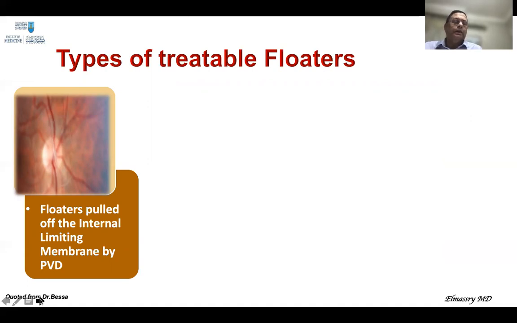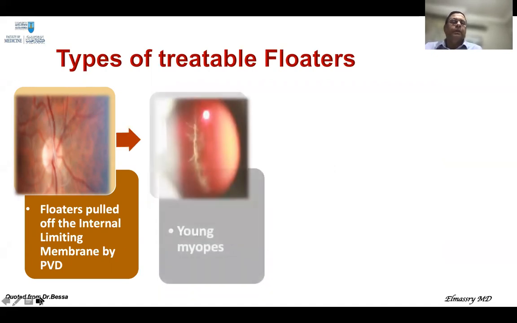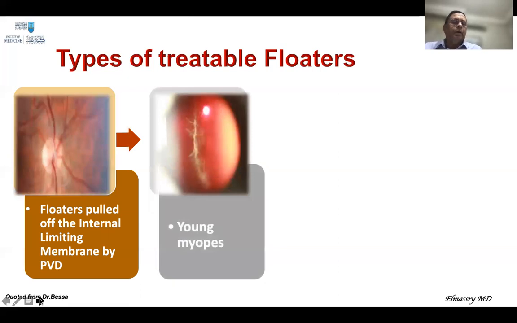Here we can do the YAG laser vitreolysis safely, in order not to pull on the retina or induce any retinal breaks. This is more in young myopes. To start with, in selection of patients, as we are going to describe later with our colleagues, we have to select the high myope patients, young or old, the older being better, the pseudophakics, and the small-size floaters.